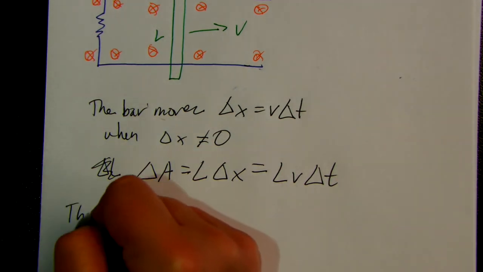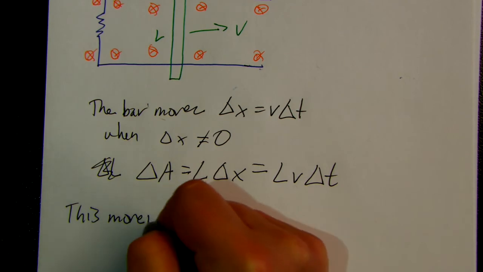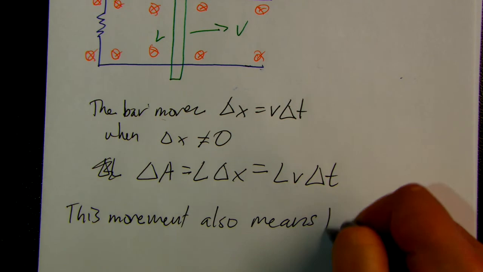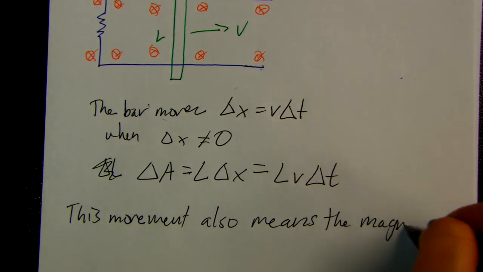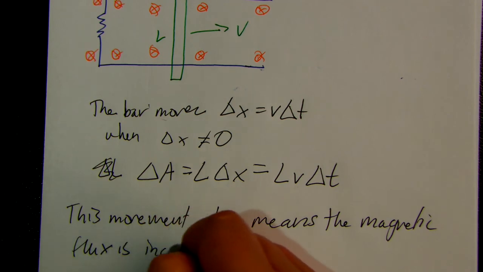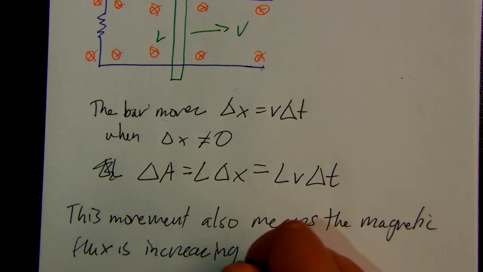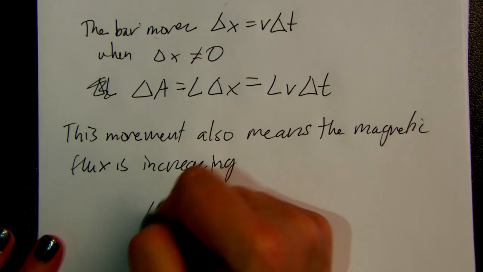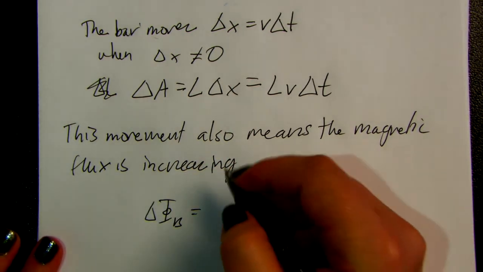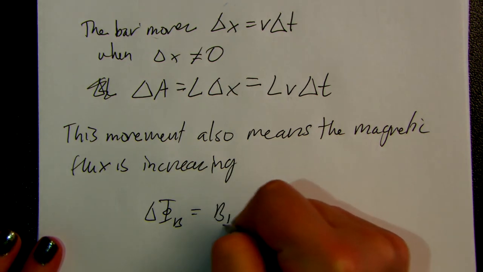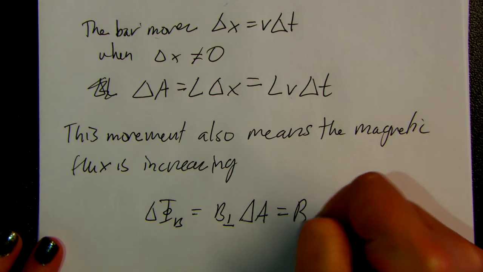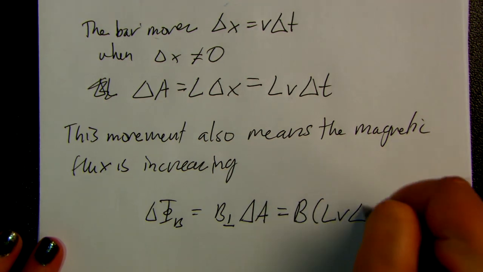This movement also means the magnetic flux is increasing. So the change of magnetic flux is equal to B perpendicular delta A, which is equal to B L V delta t.